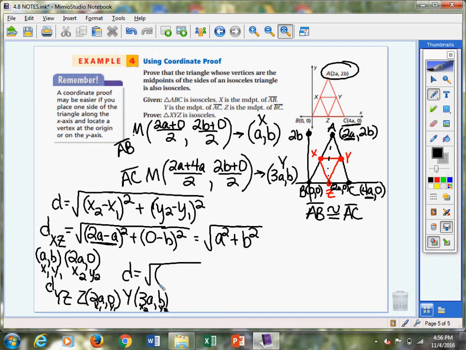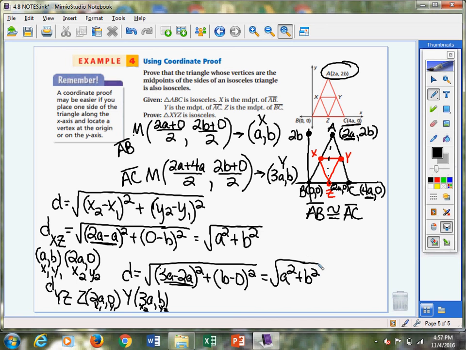So we're going to subtract our x's. So 3a minus 2a, square that. And then we're going to do b minus 0, and we're going to square that. Okay, so let's take a look. 3a minus 2a, that's 1a, so that's just a squared. b minus 0 is b, plus b squared.